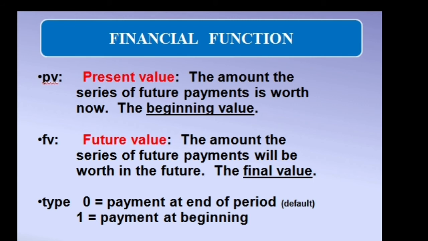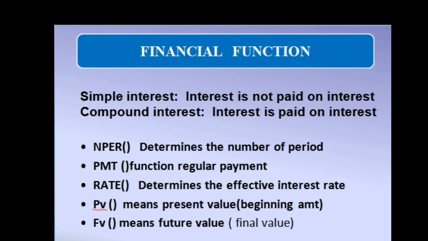This financial function is very useful when we want to find out simple interest or compound interest. Simple interest is not paid on interest, and compound interest is paid on interest.